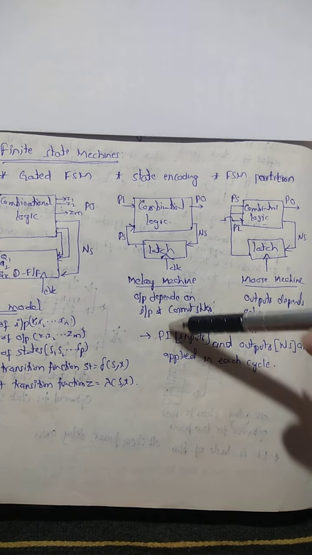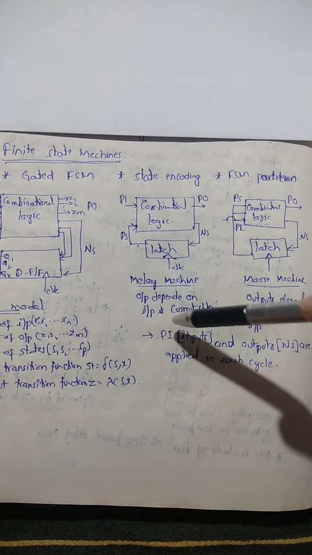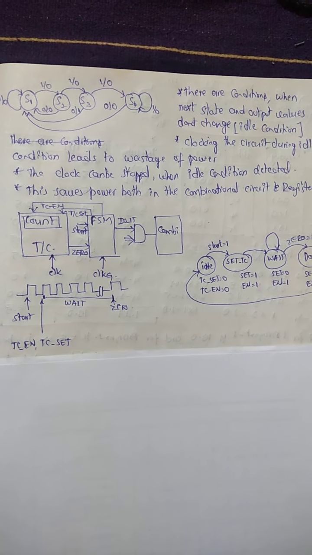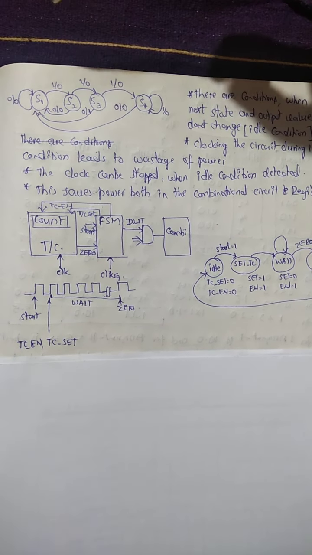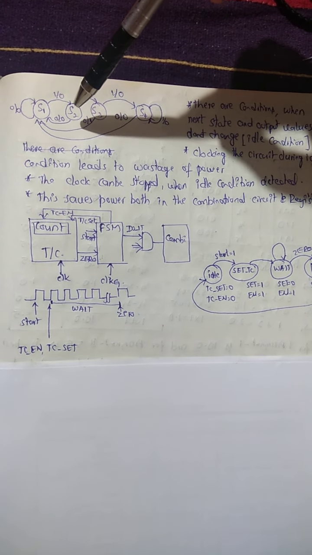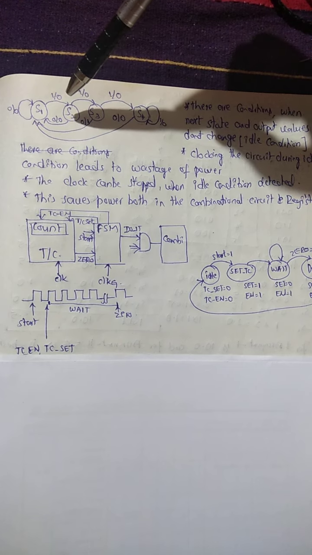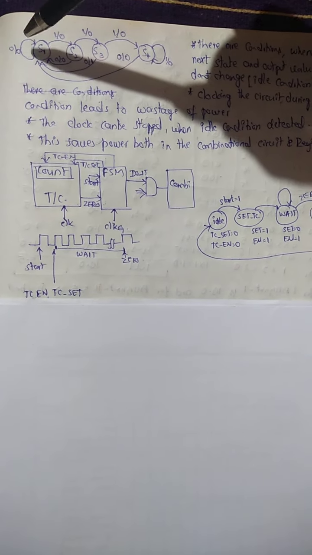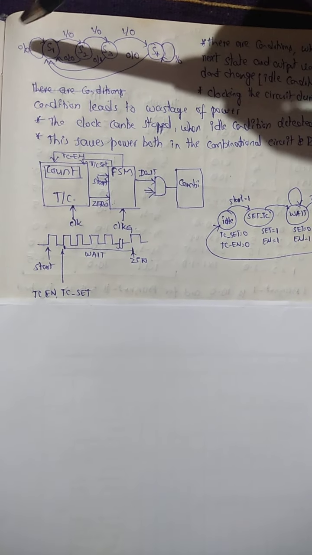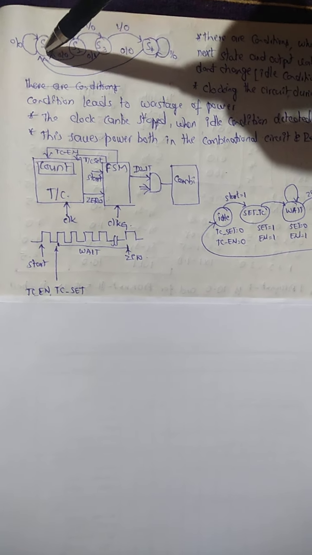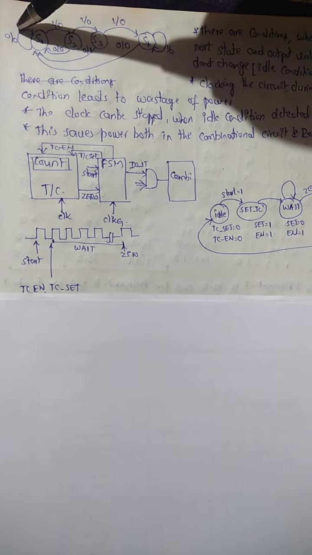Now we will see how this power dissipation can be overcome by making use of this diagram. When the machine is in S1, the input is 0, and as long as it stays in this state, the output is 1.